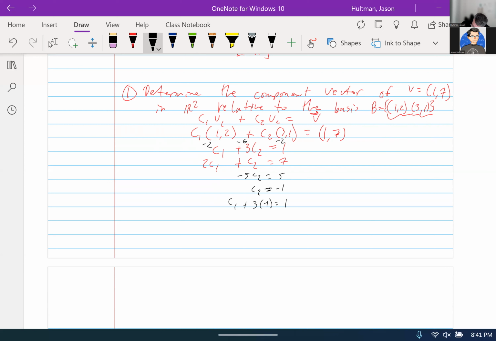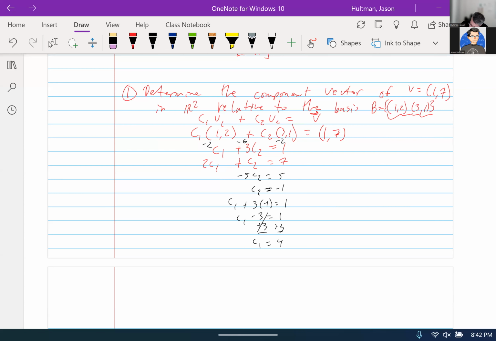So that's C1 minus 3 equals 1, add 3, and C1 is equal to 4. So C1, C2 would be 4 and -1.